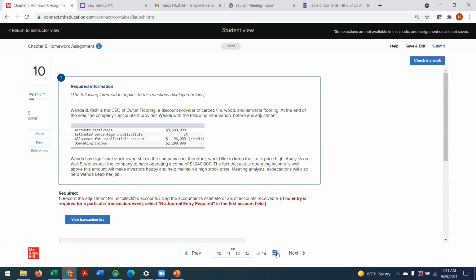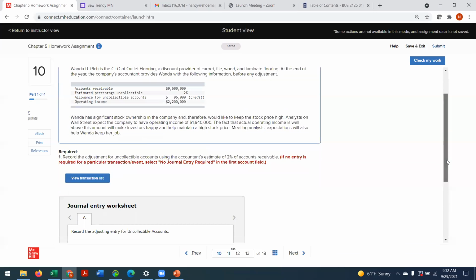So guys, I want you to take a couple minutes and decide how we create the journal entry that shows that if accounts receivable is 9,600,000, 2% will be uncollectible. What are we going to record?